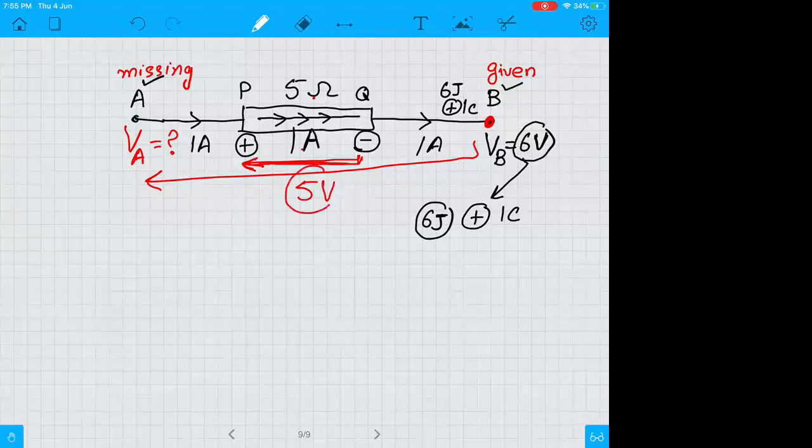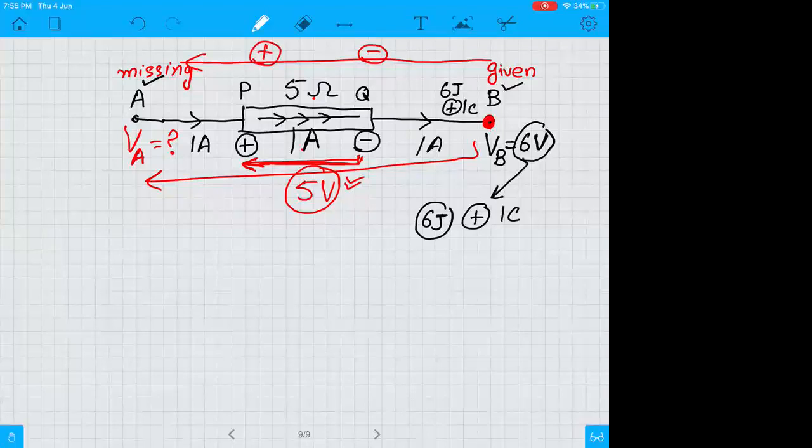So 5 volt is across this resistor, which means that this resistor is taking 5 joules of energy from every 1 coulomb of charge. However, to solve this question, you are moving from point B to point A, because B is given and A is to be calculated. When you move from B to A, you are moving from the negative side towards the positive side.